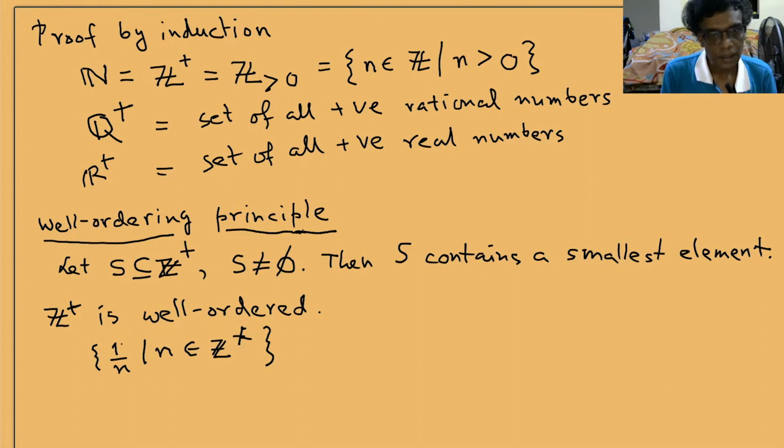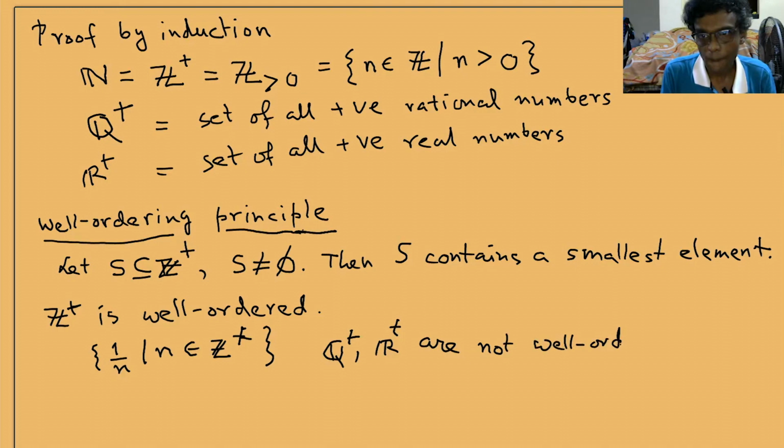Despite that, you cannot identify an n for which 1 by n is the smallest element, because 1 by n plus 1 is even smaller than that. So this proves that Q plus and R plus are not well ordered. Well ordering is not a very default property, but Z plus satisfies this.